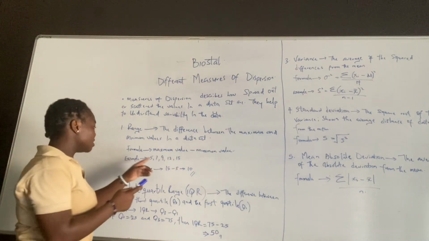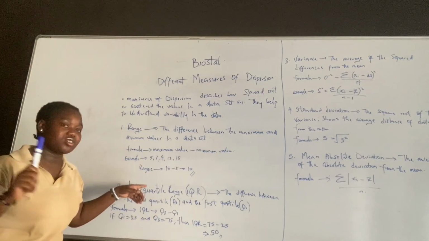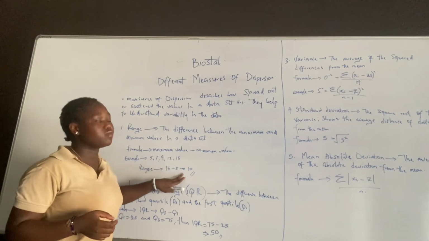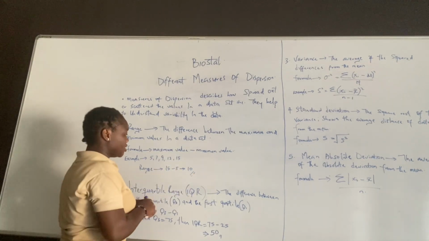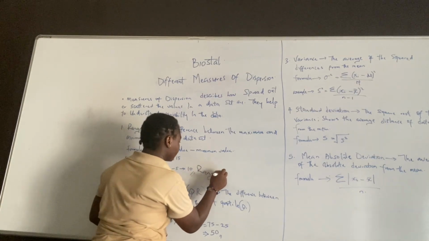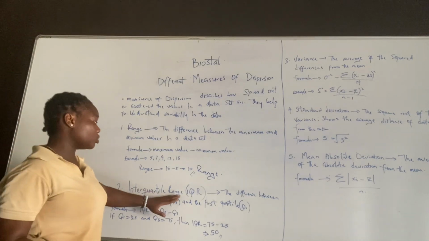We take the maximum number, which is 15, and the lowest number, which is 5. So we say 15 minus 5, which equals 10. And that is how we get our range.